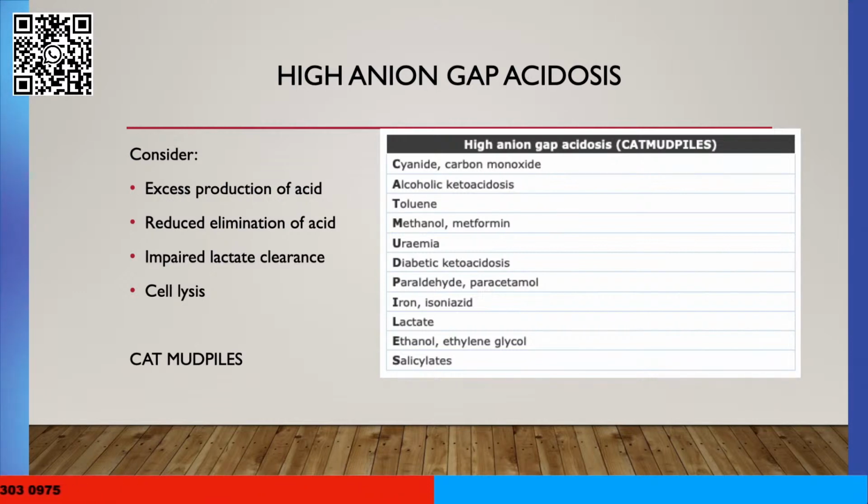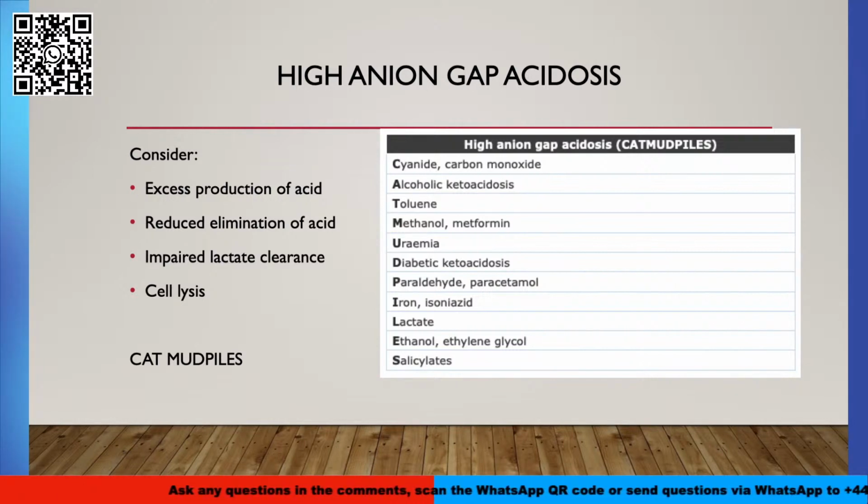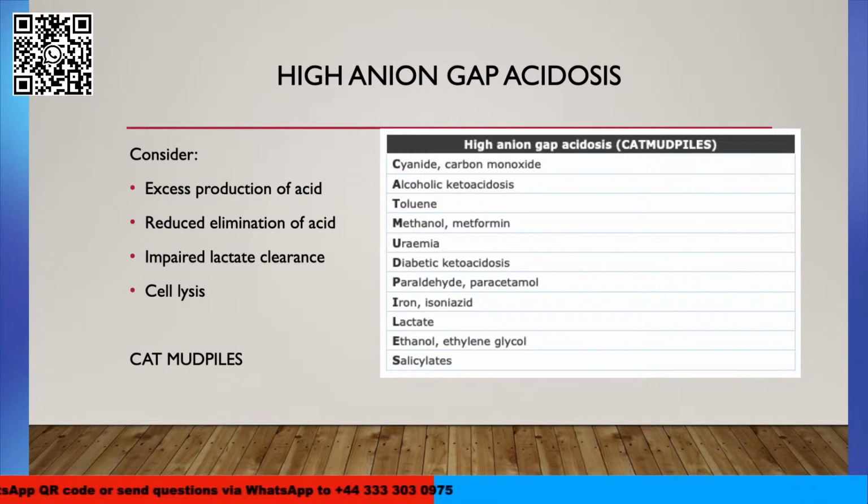So C, cyanide or carbon monoxide, A, alcoholic ketoacidosis, T, use of toluene, M, methanol or metformin, U, uremia, D, diabetic ketoacidosis, P, for paraldehyde or paracetamol, I, for iron or isoniazid, L, for lactate, E, for ethanol and ethylene glycol, and S, for salicylates.